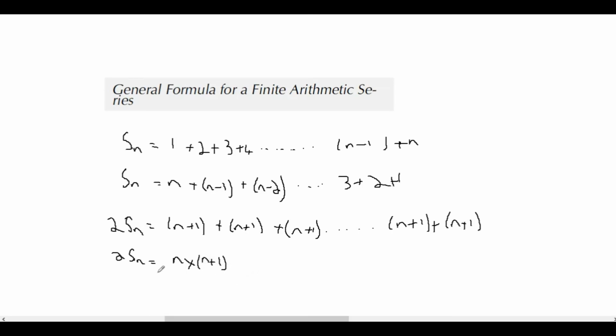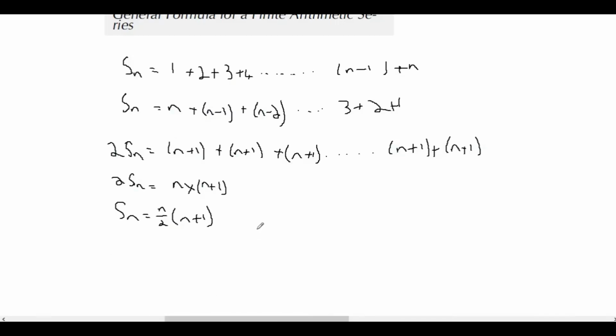Right. So now we want Sn by itself. So we will write this as Sn equals n divided by 2 times n plus 1. Notice that this is an example for when the difference is 1, right?